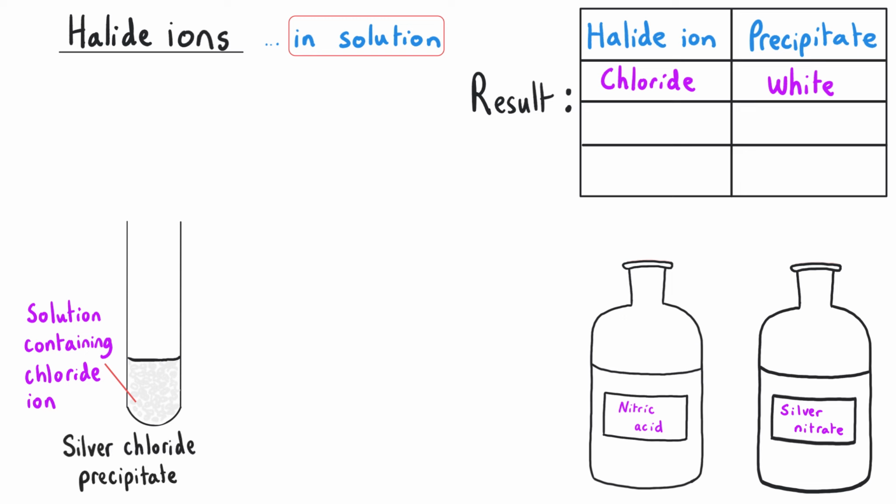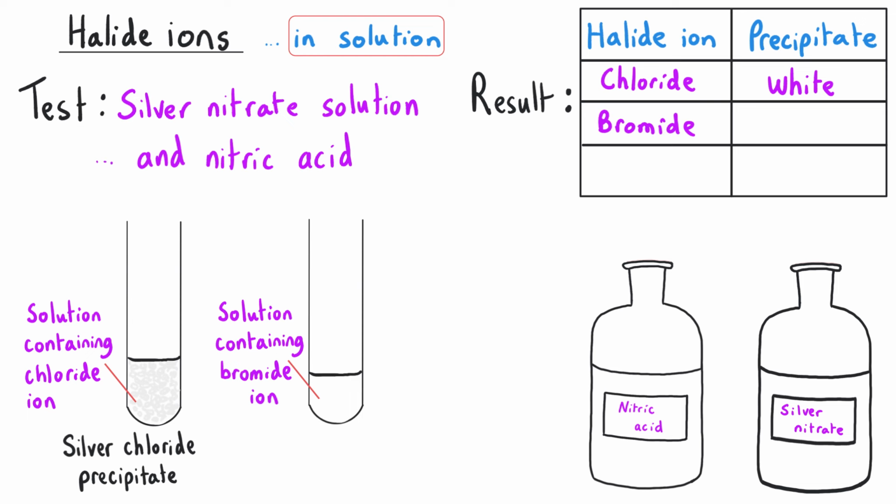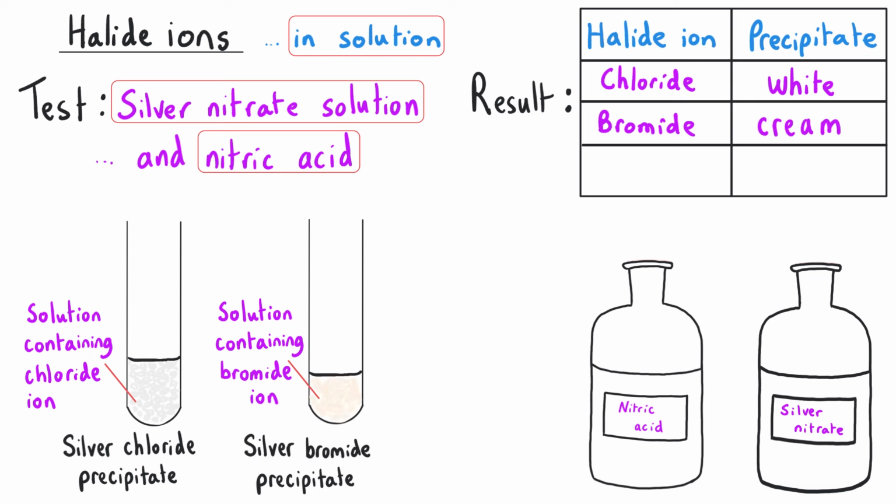What we produce with the chloride ion is a white precipitate of silver chloride. If we had a second tube containing the bromide ion in solution, and we repeated those same 2 tests, adding the nitric acid and then the silver nitrate, we would produce a cream precipitate of silver bromide.